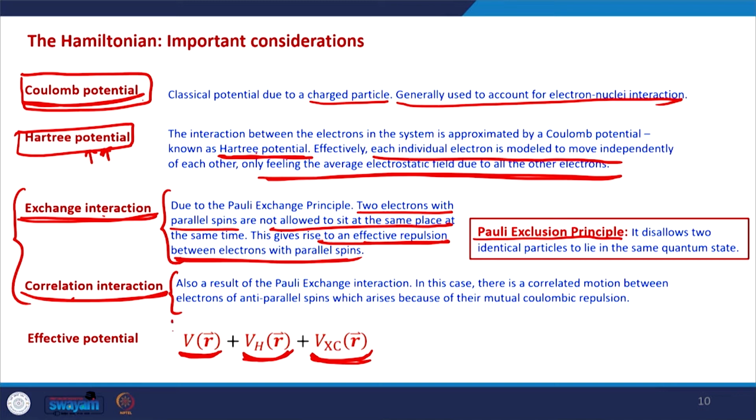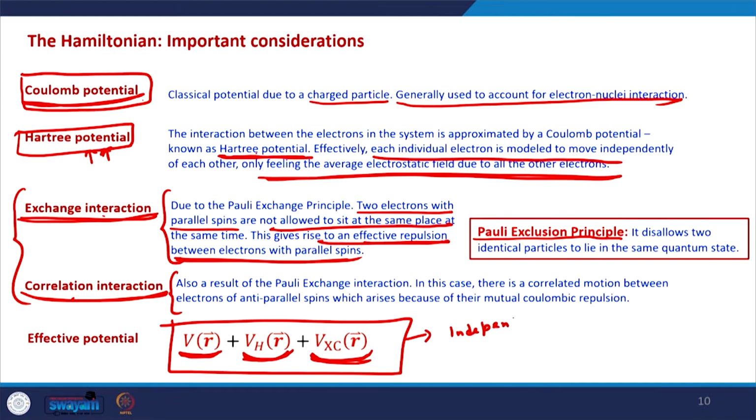And with this, we can now treat the electrons independently. This interacting electron system can now be treated independently by considering the Hartree potential, the electron-nuclear Coulomb potential, and the exchange correlation potential.